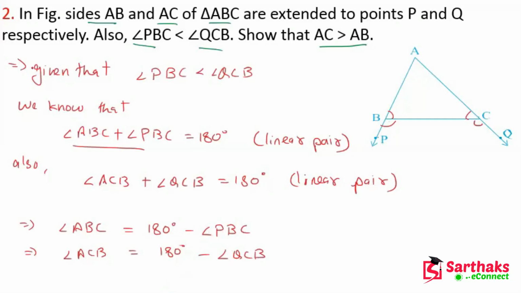So from this we know that angle PBC is less than angle QCB, means we can say that this term is larger than this term, because angle QCB is greater than angle PBC.